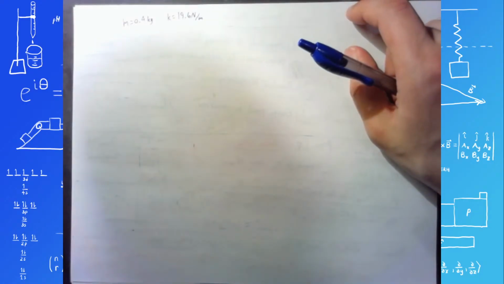But you get the idea. By compressing it or stretching it a certain amount from rest and then letting it go, that's you setting the amplitude. Whatever you stretch or compress it to before letting it go, that's going to be the amplitude, or x max.